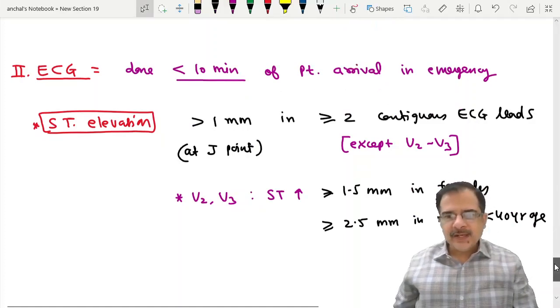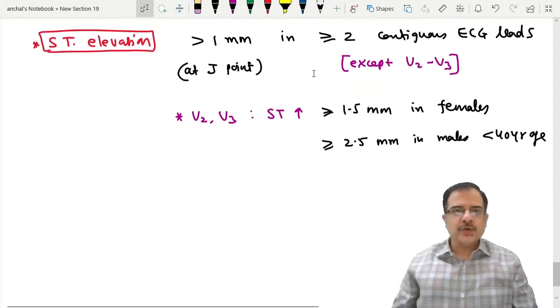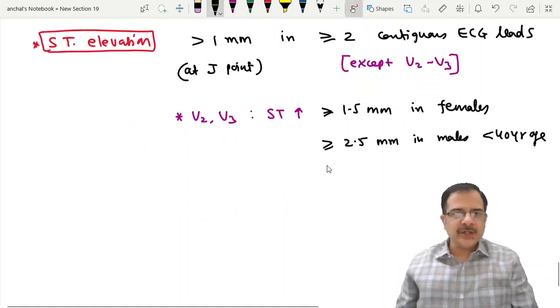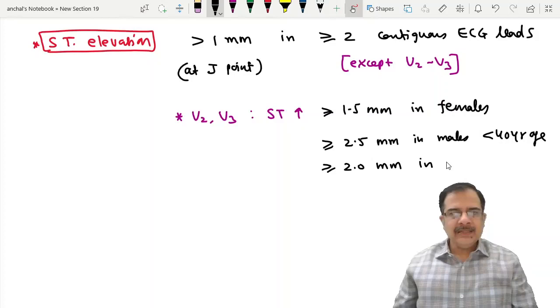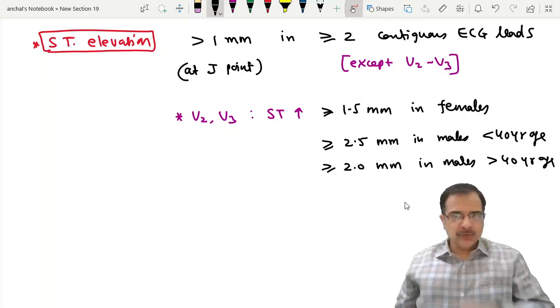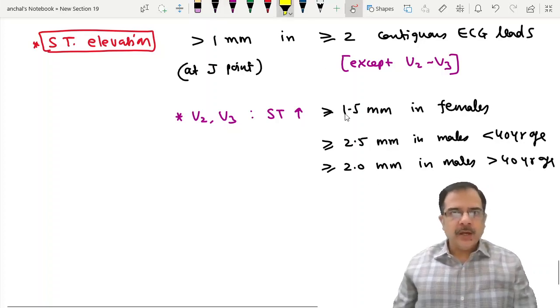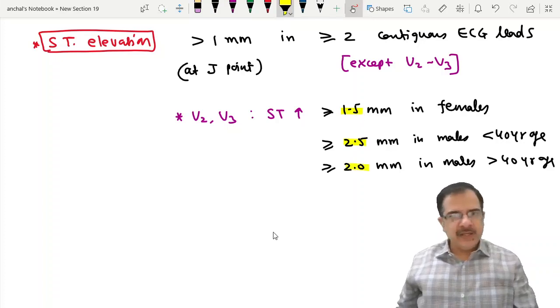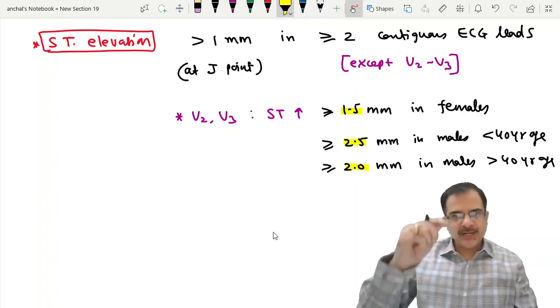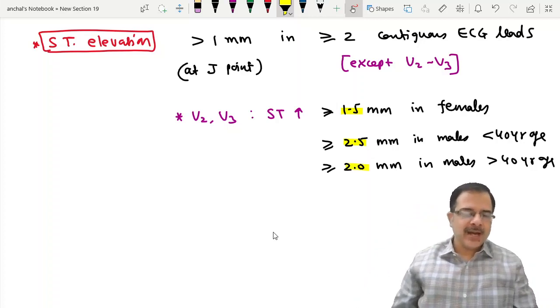So these are the very precise criteria for significant ST elevation. In physiologically elevated leads, we should take the threshold slightly on a higher side.